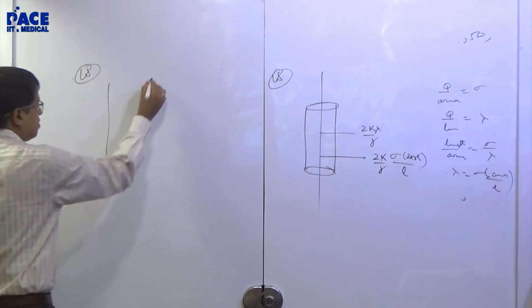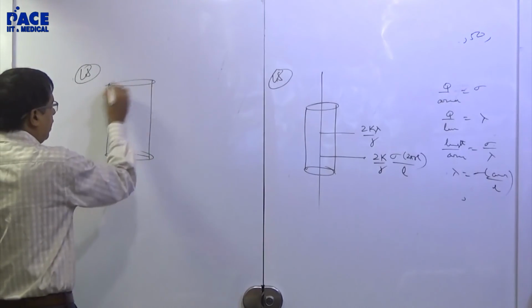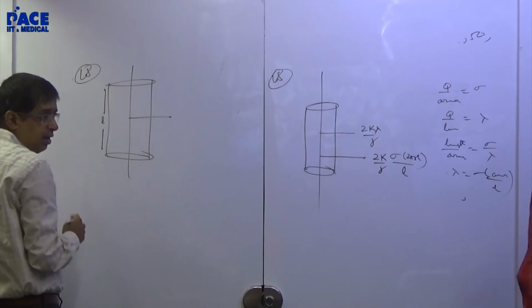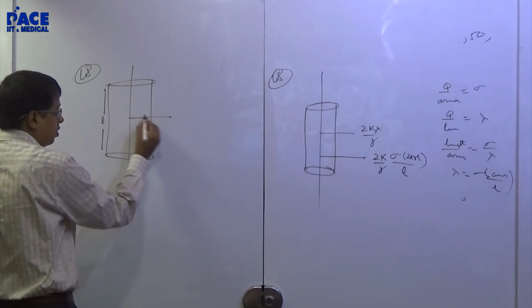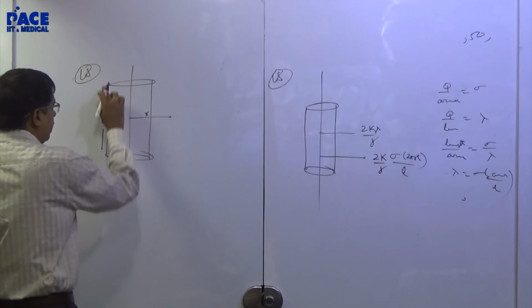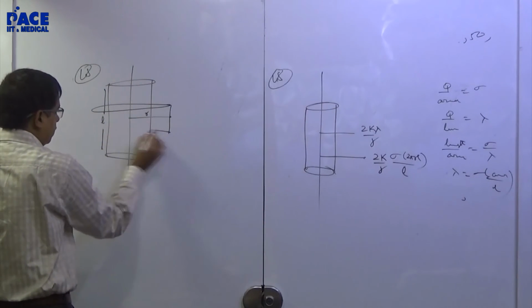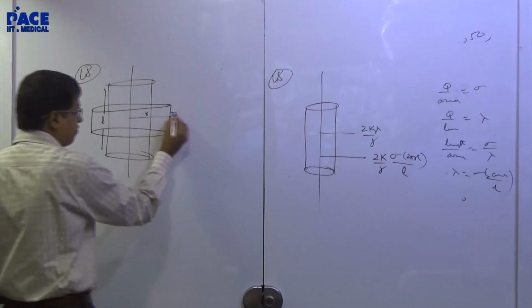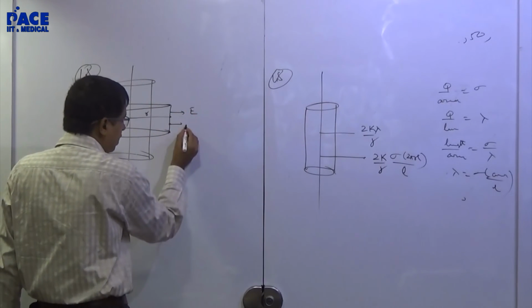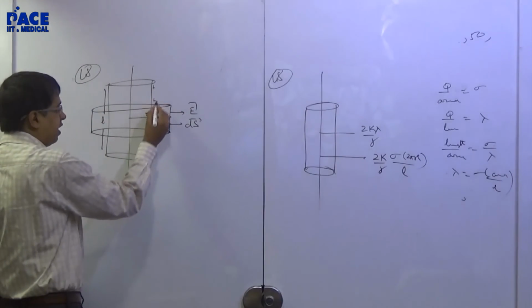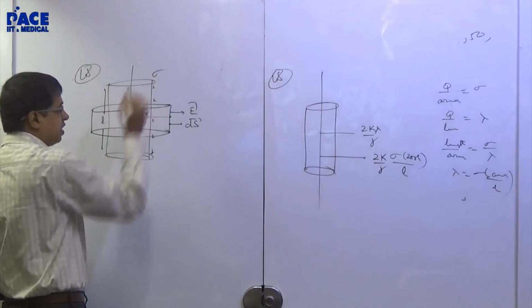48, if this is a cylinder of length L and I want the field at a distance of r, assume a Gaussian surface like this. Field into the area, right? Cylinder has a charge density of σ.